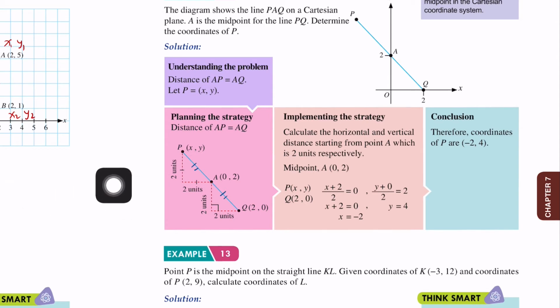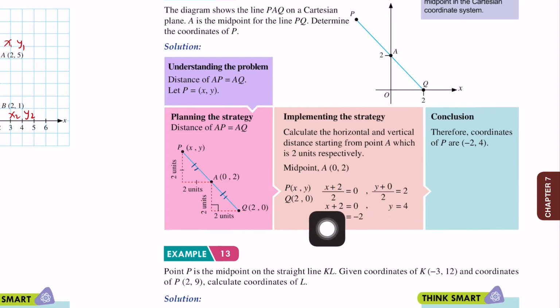Then implementing the strategy. Calculate the horizontal and vertical distance starting from point A, which is 2 unit respectively. So midpoint 0, 2 kan. So PXY kita boleh buat sebagai X plus 2 over 2 equals to 0, Y plus 0 over 2 is equals to 2.